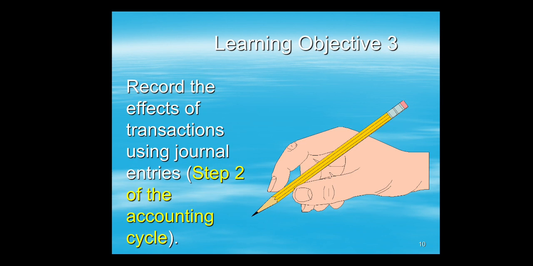Let's say $5,000. When that transaction happens, the way to do the analysis is like this. First, you have to know what kind of transaction that is. The kind of transaction is the business borrows cash. And then what is the effect of that transaction on the accounting equation? The accounting equation is asset equal to liability plus equity.